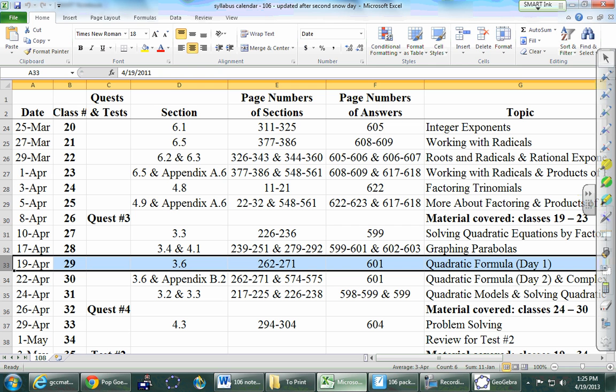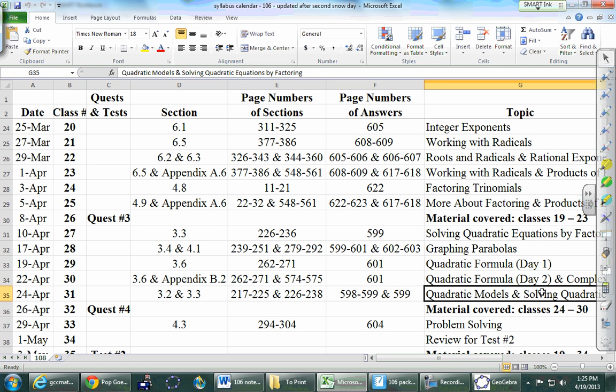Yeah, 1 week from today is our next quest. 1 week from today. What's happened? No, unfortunately. I know, we had those 3 snow days that just came in and ate everything up. I'll tell you what though, I'm happy to spend some time on this day. If we have questions heading into the test, we can spend some time on Wednesday, right?